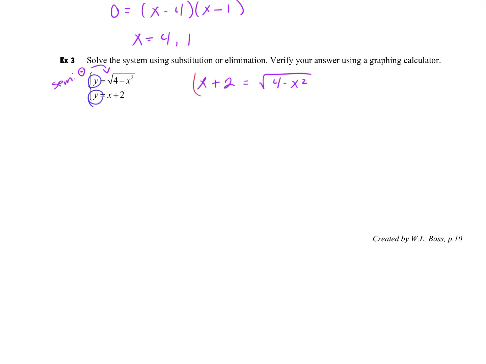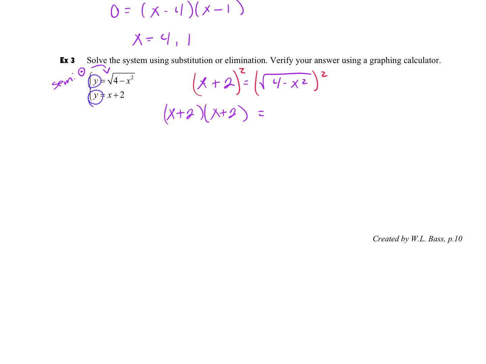To solve this, we're going to square both sides, but there is a common mistake that happens on this particular problem. When we square this binomial, and it's a really, really easy mistake to make if we're going too fast, we need to remember to multiply that x plus 2 by itself. So x plus 2 times x plus 2.